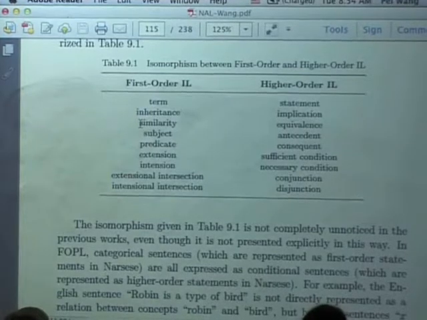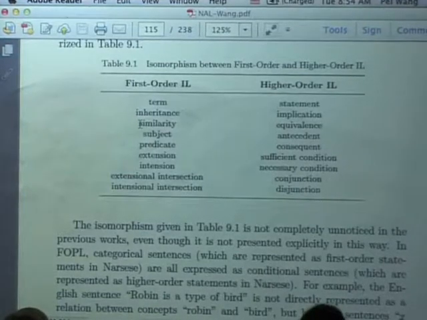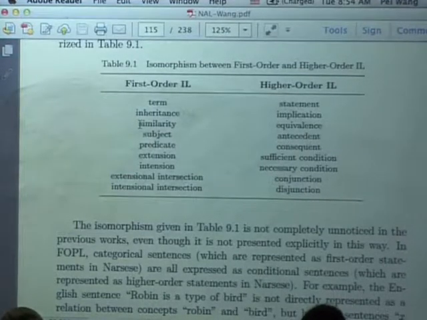And this is another reason why I like first order, why I like term logic. You see, this is the isomorphism between first order and higher order. Term in first order corresponds to statement in higher order. The inheritance corresponds to implication. Similarity corresponds to equivalence.